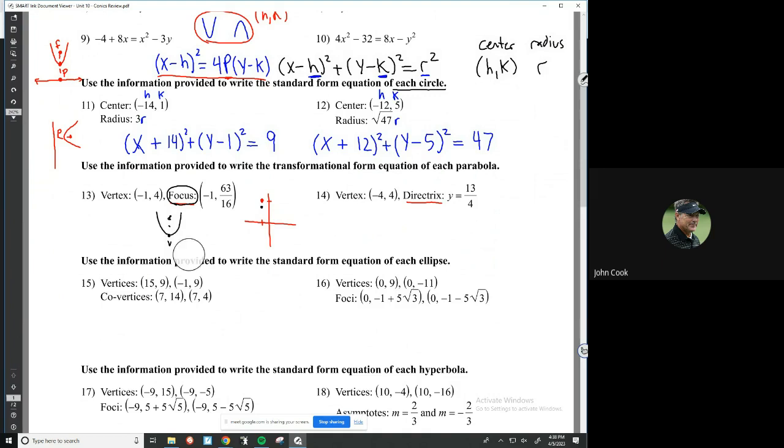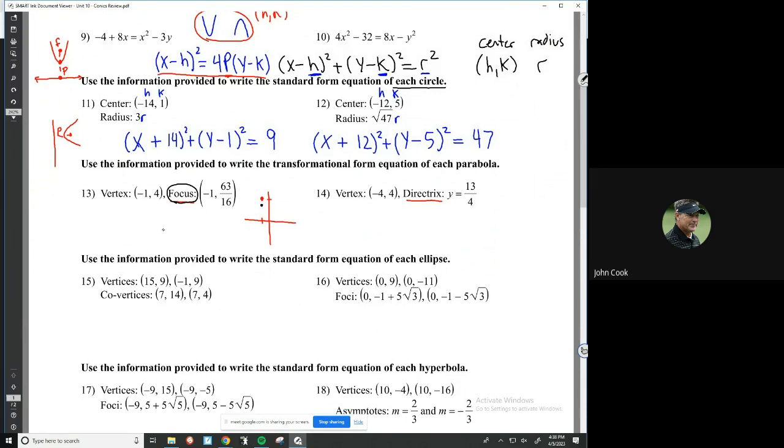Same thing with left and right: if my focus was to the right of the vertex, my parabola would open to the right, because the focus is always inside the parabola. So this parabola opens downwards.